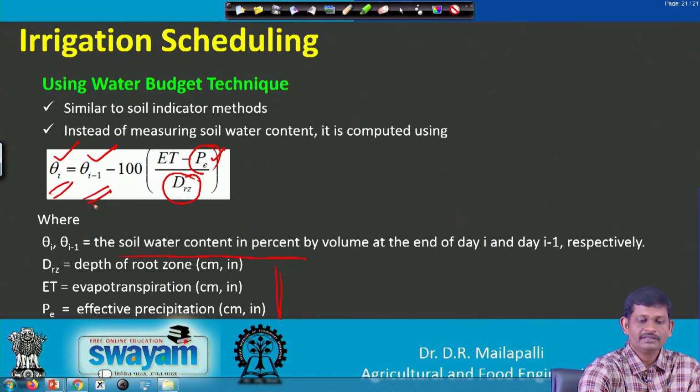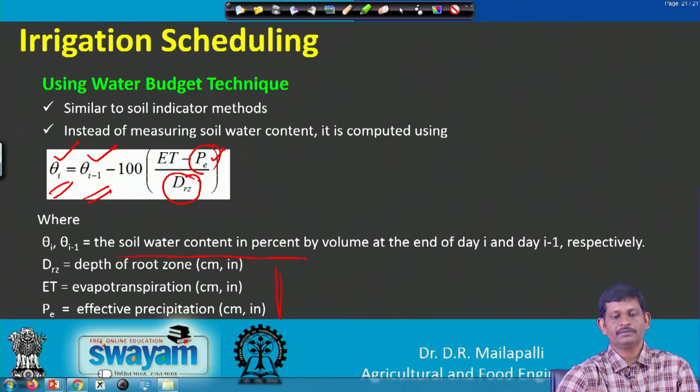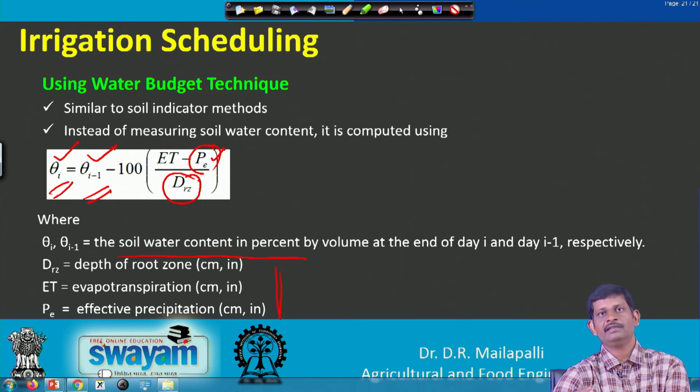So, knowing this theta i, this kind of water budgeting, knowing the previous day's moisture content, we are going to estimate the current day soil moisture content, knowing the effective precipitation, irrigation, evapotranspiration and deep percolation. Similarly, for the second day we will be using the day 1 soil moisture content and the corresponding precipitation, irrigation and other things.